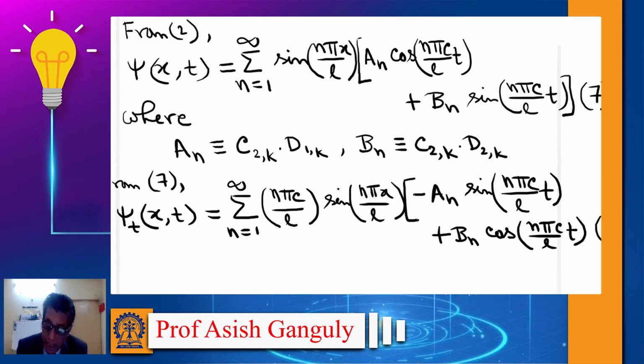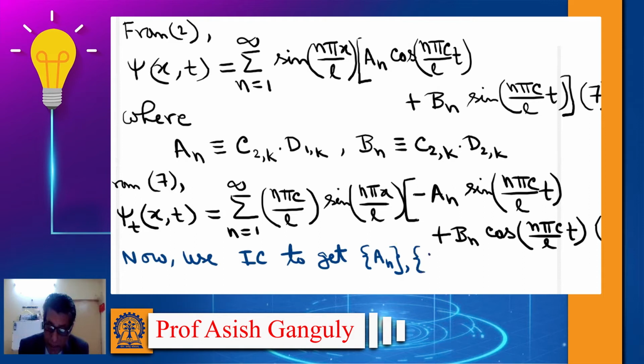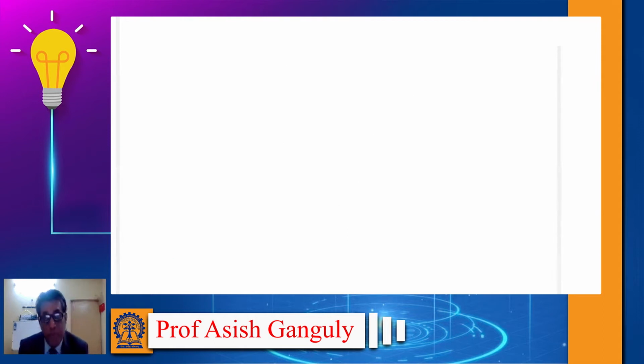Let me label it as 8. Now use the initial conditions to get these two families of arbitrary constants An, Bn. Okay, I will do that on the next page.